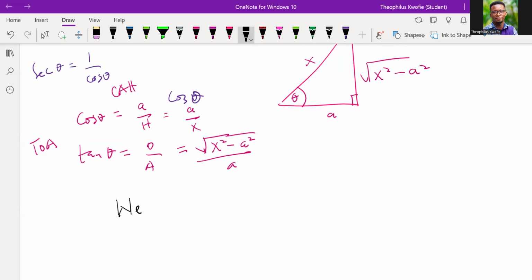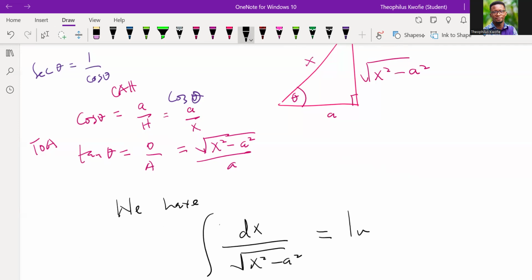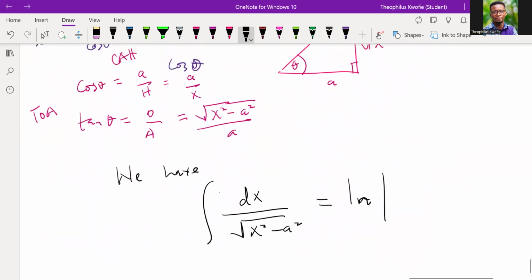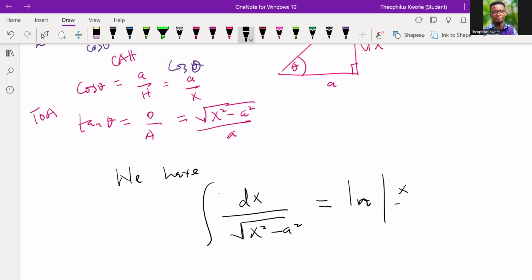So from the above discussion, we have that the problem we were given can have its solution as the natural log of, remember we said that sec was X over A, okay?